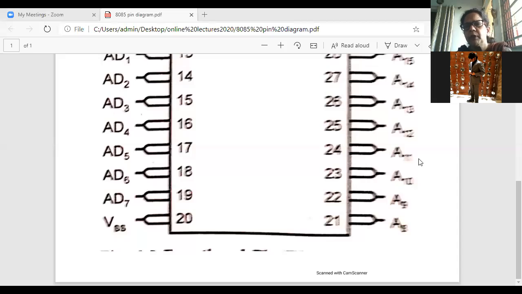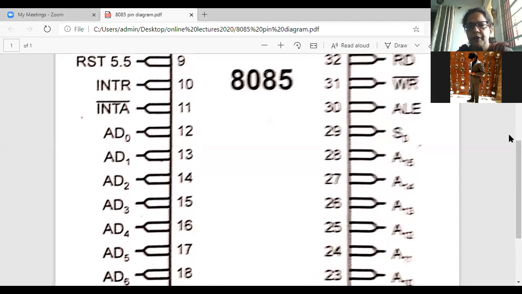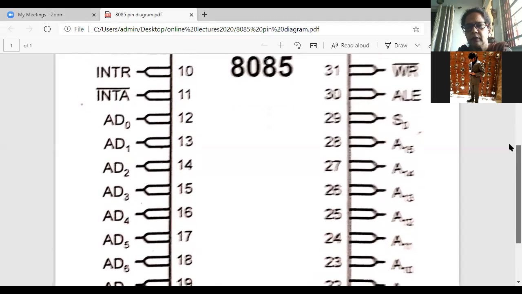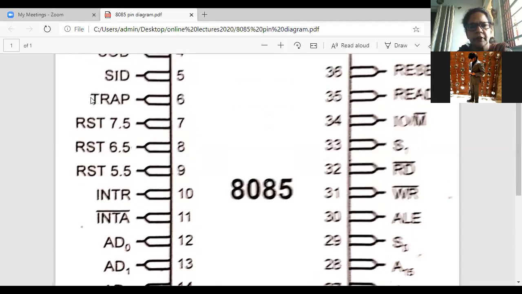Okay, now we will study the RIM and SIM instructions. Before that, these are the 5 hardware interrupts: TRAP, RST 7.5, 6.5, 5.5 and INTR. Out of these, TRAP, RST 7.5, 6.5, 5.5 are called vectored interrupts. Why?